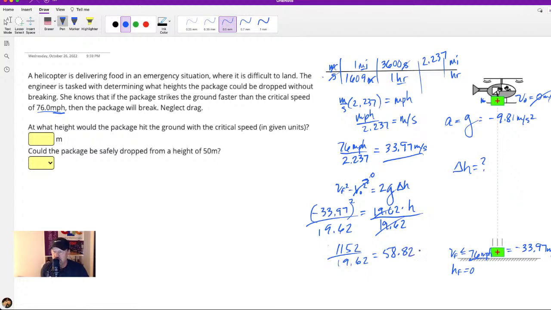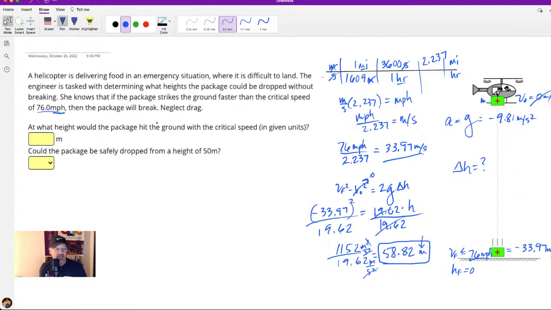And that's meters, because this is meters squared per second squared, and 19.62 is meters per second squared. So the per second squared goes away, and this meter has a 2, so one of those cancels with one of those. That leaves us with meters. Okay.